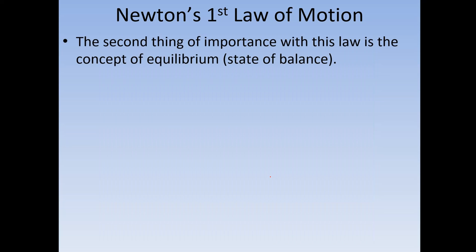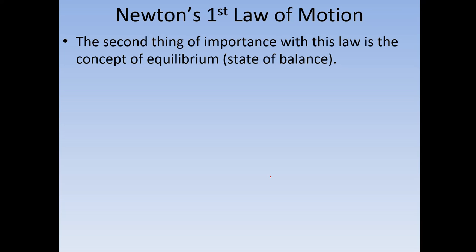All right. Now, there's another part of this law. The law is: objects in motion tend to stay in motion, and objects at rest tend to stay at rest unless acted upon by an unbalanced force. We talked about the inertia aspect, that objects will keep doing whatever they're doing unless you force them to.